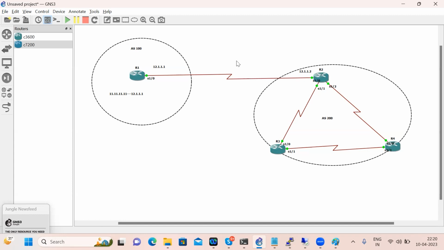But majorly, they create EBGP neighborships based on the physical interface. If you want to create it on loopback, then you have to go with the IGP concept, creating the neighborship based on loopback.